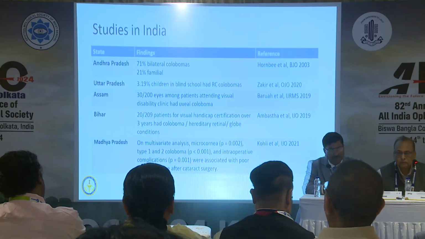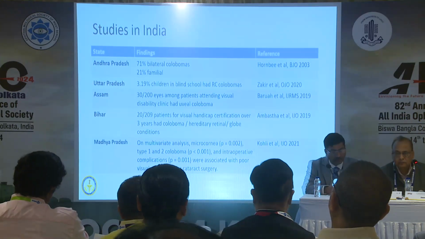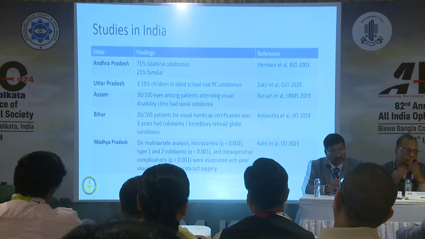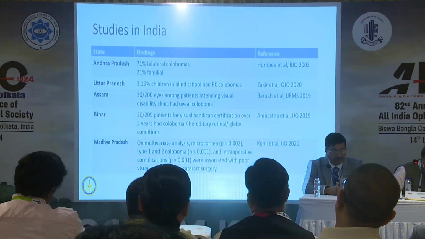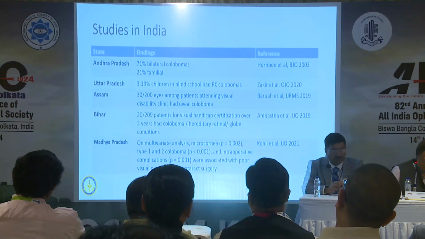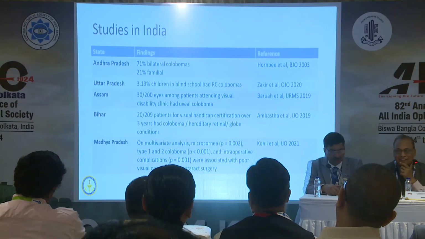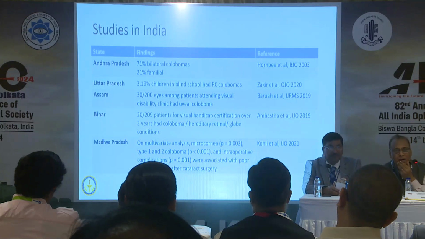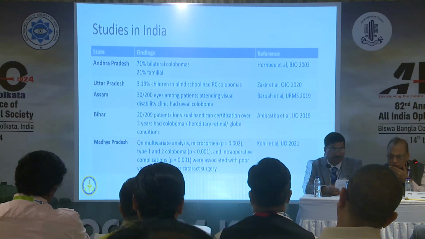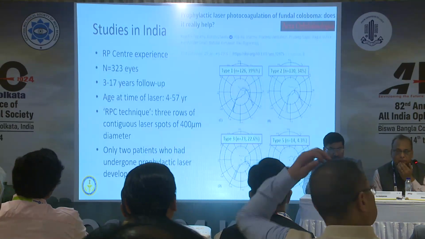Other studies have shown colobomas to be 70% bilateral, 20% familial, 3% in blind school children, 10% amongst patients attending a visual disability clinic, and 10% of patients for visual handicap certification. Microcornea types 1 and 2 and intraoperative complications have been associated with poorer visual outcome.